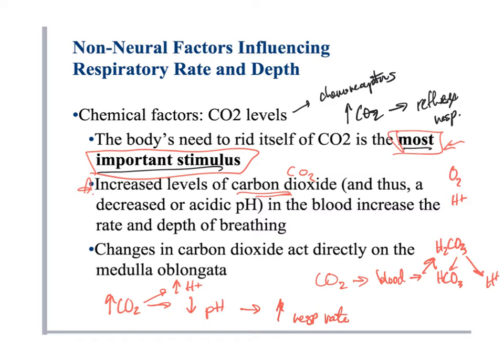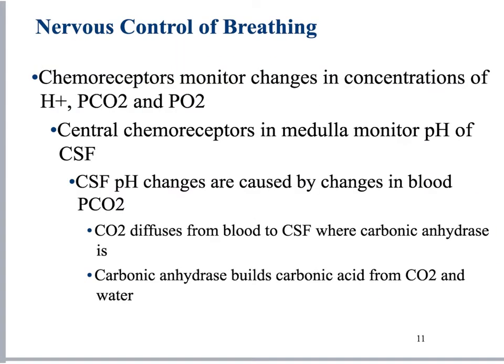And these changes act directly on the medulla. Okay, so we have chemoreceptors that monitor the changes of CO2, oxygen, and hydrogen ions. And those central chemoreceptors monitor the pH of CSF because of what happens, right?